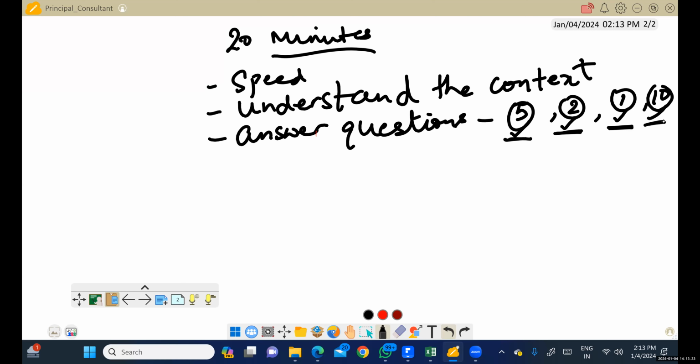Grammar. No. If marks are given like one question for 5, one for 2, one for 8, one for 10, what are they expecting from you? What is it telling you? What does it indicate?